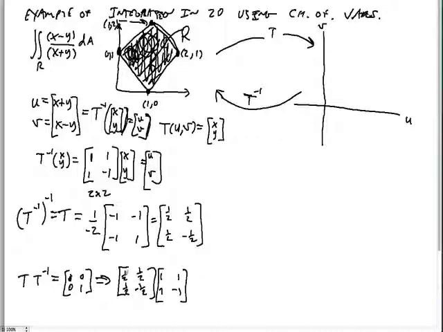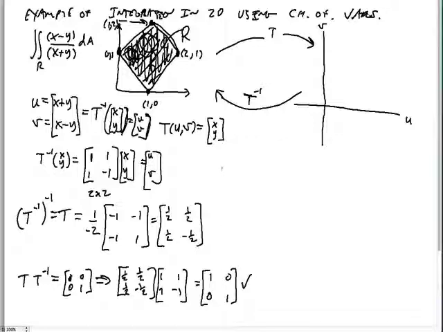So 1/2 times 1 plus 1/2 times 1 makes a 1. Then 1/2 times 1 minus 1/2 is 0. And looking up here, 1 times 1/2 minus 1/2 becomes a 0. And 1/2 times 1 minus a minus 1/2 becomes a 1. Okay, so that checks out.